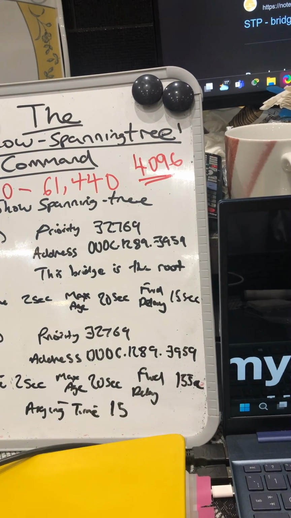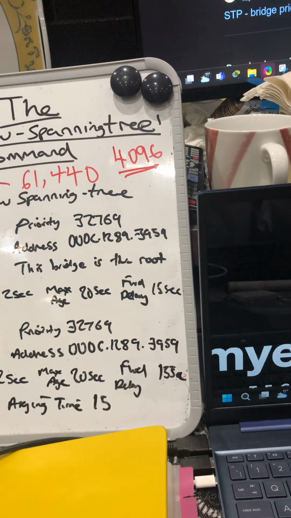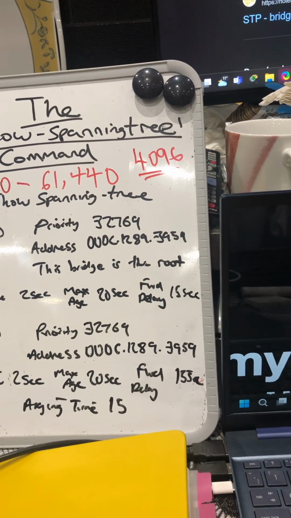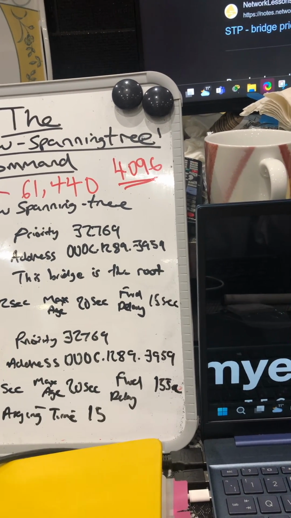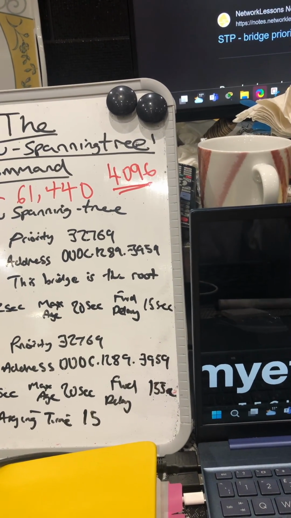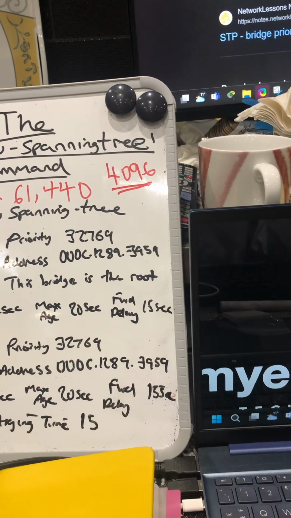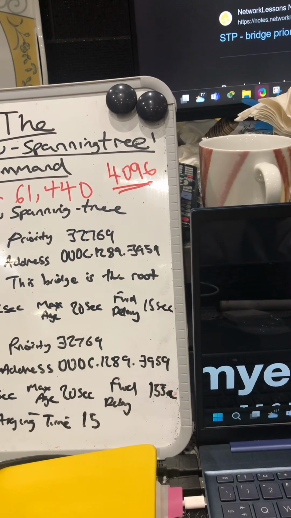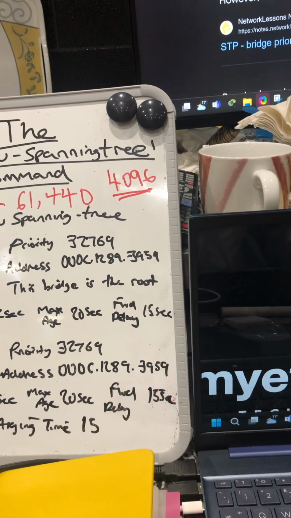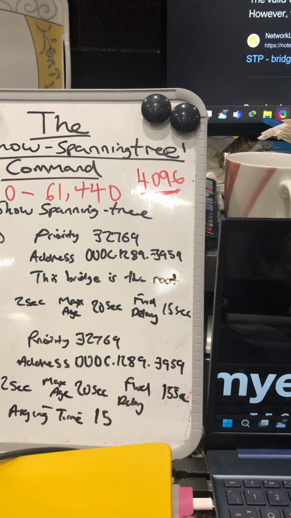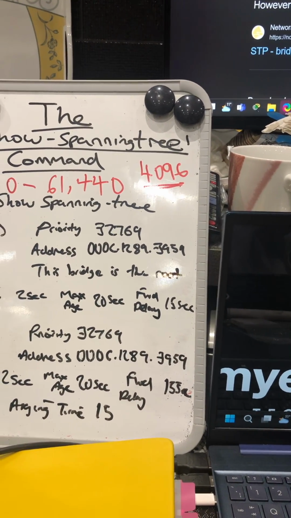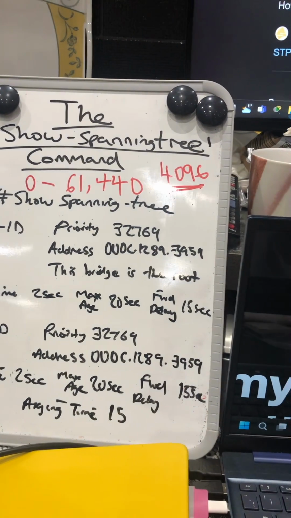So you've got to remember, when you look at a bridge ID for rapid spanning tree, you'll have 3 parts to it. You'll have the priority, you'll have an address, that's the MAC address, and you will also have a system extension ID which carries the VLAN ID.